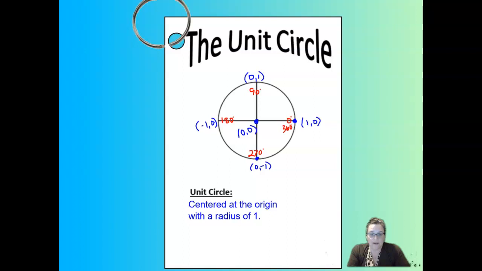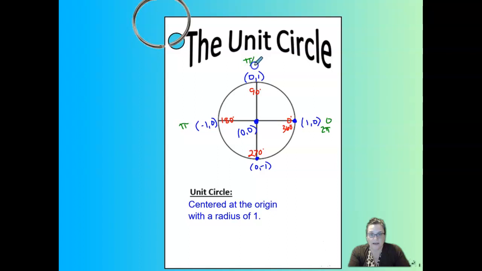Okay, now we're going to wrap around the circle in radians. So starting at 0 radians, 1 full rotation around the circle would be 2 pi radians. So half of that circle is pi radians, and half of that is pi over 2 radians.